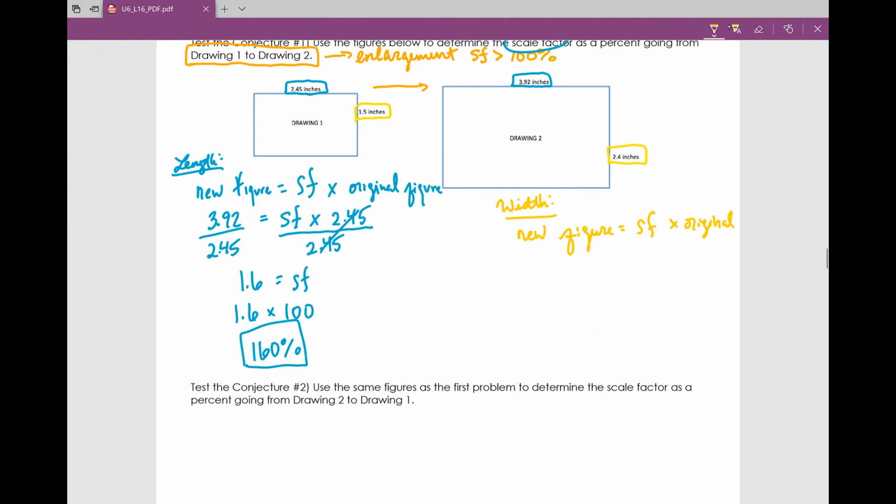Our new figure has a width of 2.4, and our scale factor times the original would be scale factor times 1.5. We divide both sides by 1.5. What should we get? For the decimal, we should get the same thing as we did for the length, and we do. We get 1.6. Move the decimal over 2 points to multiply by 100. We get 160%. So there we go.